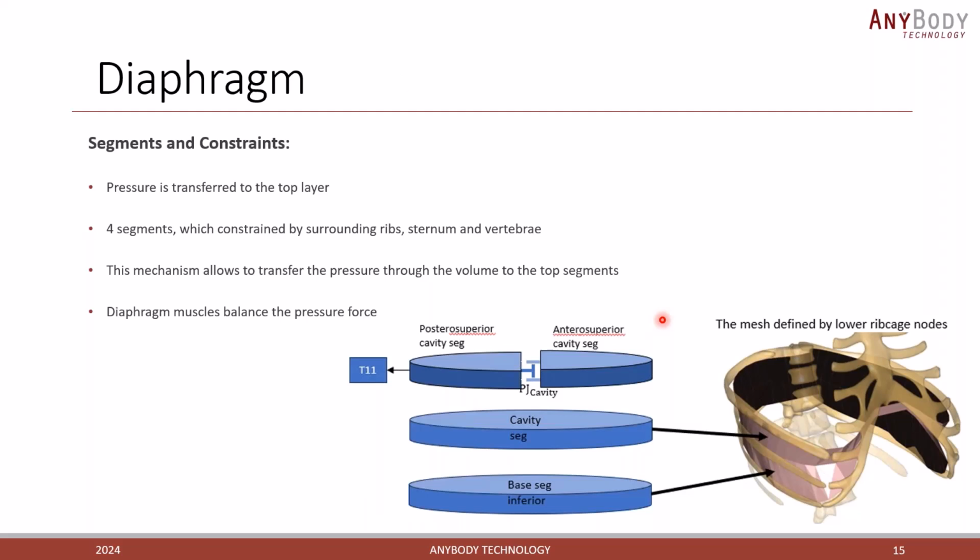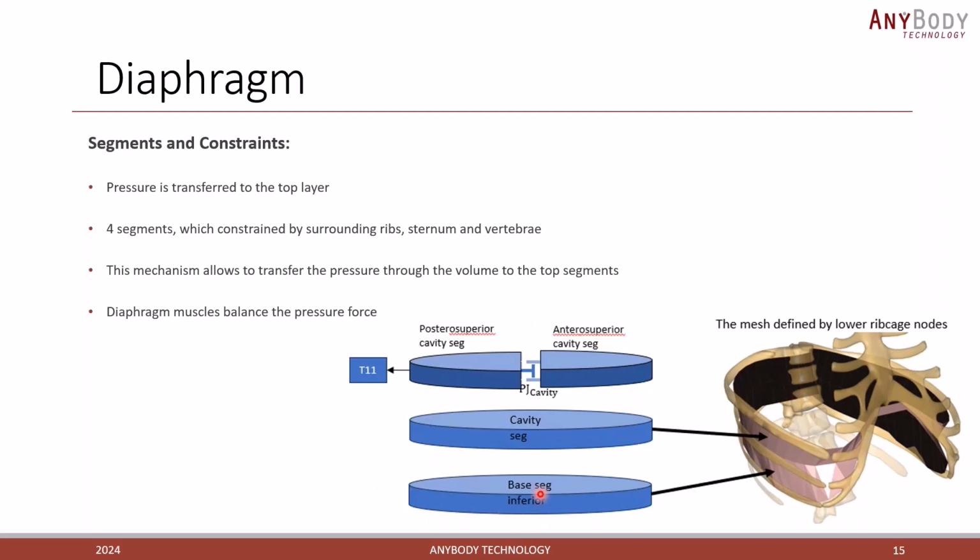When we have transferred the pressure all the way up, so we have the pressure on the abdomen, it then goes up to the top layer. Here comes the diaphragm. With the diaphragm, we also have 4 segments, all constrained by surrounding ribs, sternum, and vertebrae.